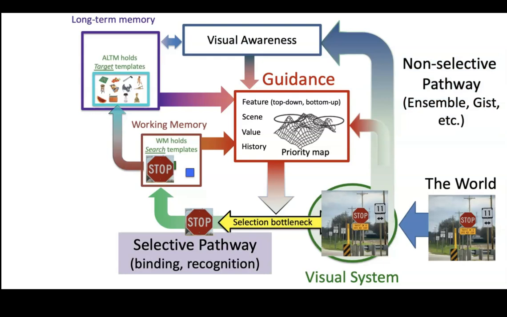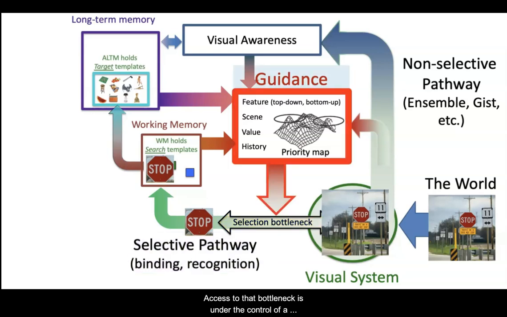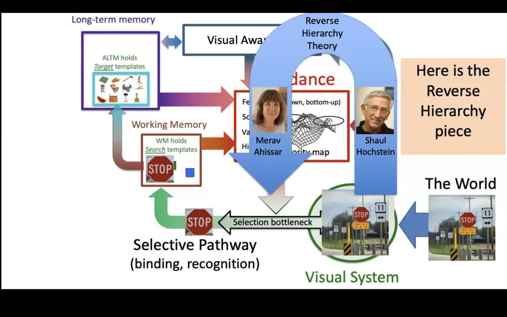A second, much more capacity limited pathway allows you to do binding and recognition on anything that you selectively attend to and can get through this selection bottleneck. Access to that bottleneck is under the control of a guidance mechanism. In Guided Search 6, we identify 5 types of guidance. That guidance mechanism has aspects that are very like reverse hierarchy theory at this point.